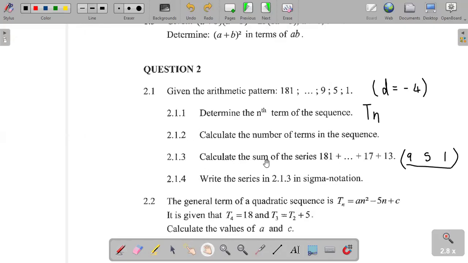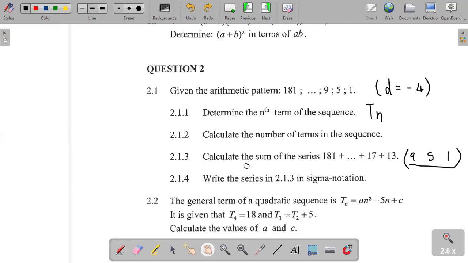Okay, we use the formula for the sum here, but then with 43 terms.